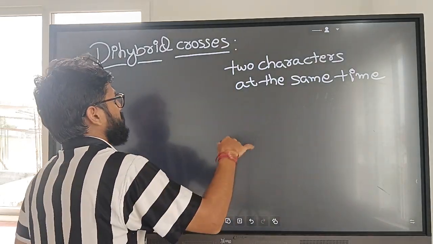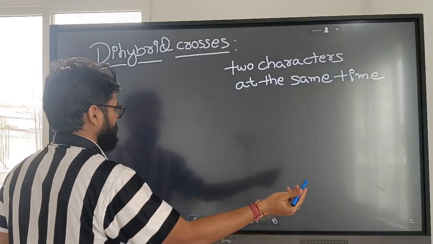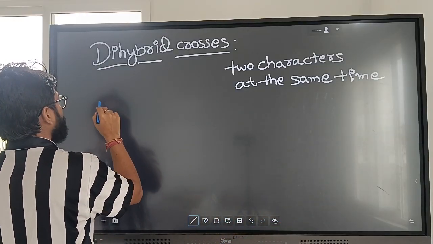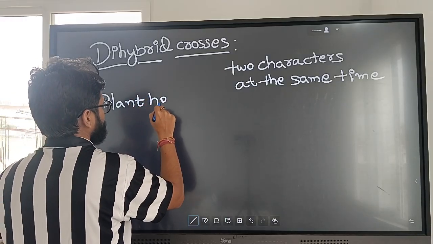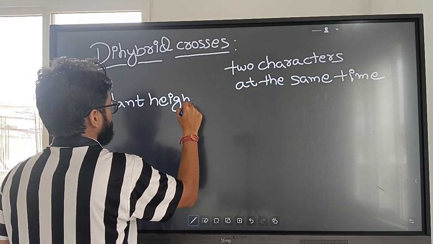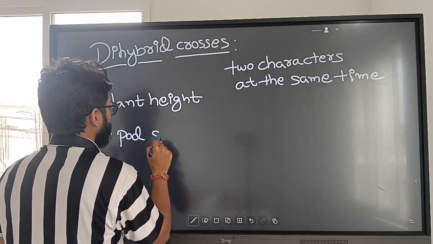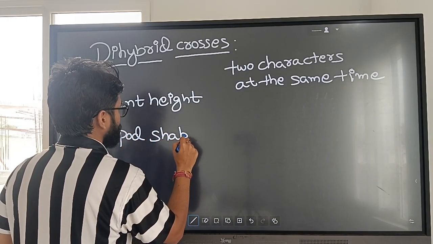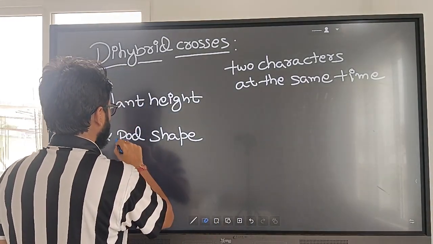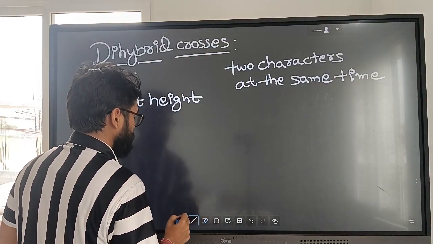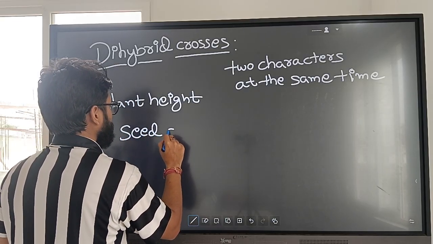Now what happens when we consider two characters at the same time? Let us, for example, take Mendel's experiment with plant height and, to be more conventional and easier to know, seed shape.